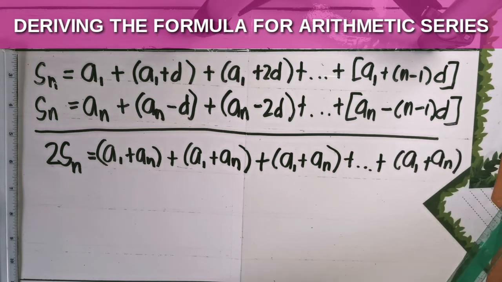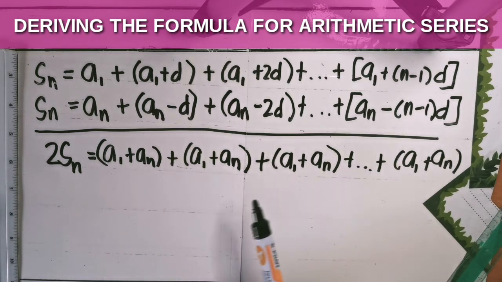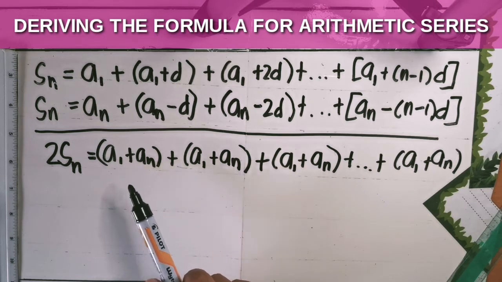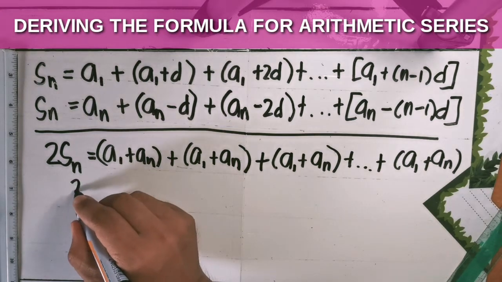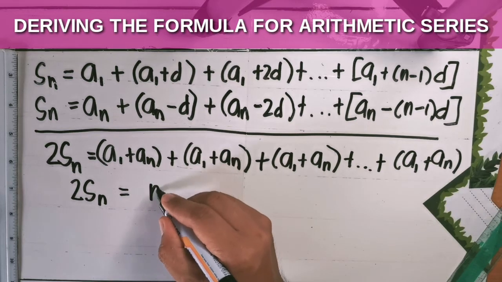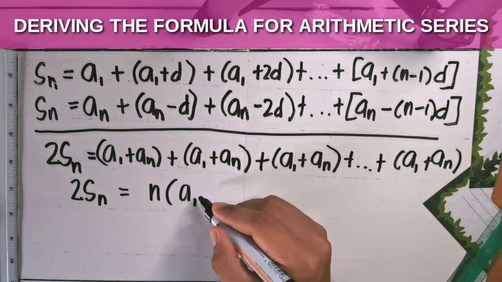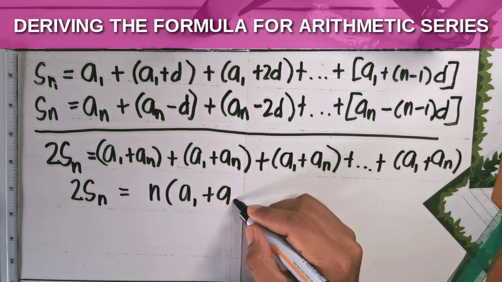So, kung mapapansin natin na ang mga terms ng sequence ay represented as a sub 1 plus a sub n no matter the position of that term is. So, ibig sabihin, kung paliliitin natin yan, 2s sub n is equal to the number of terms or the position times a sub 1 plus a sub n.